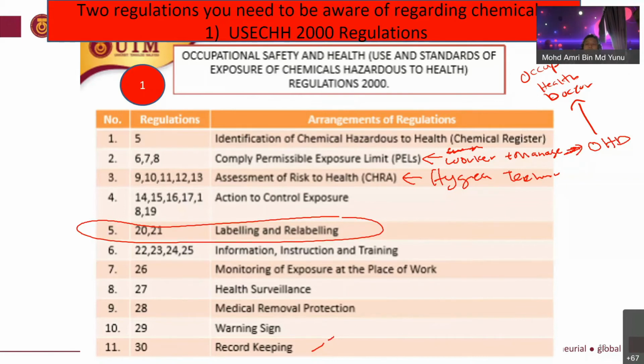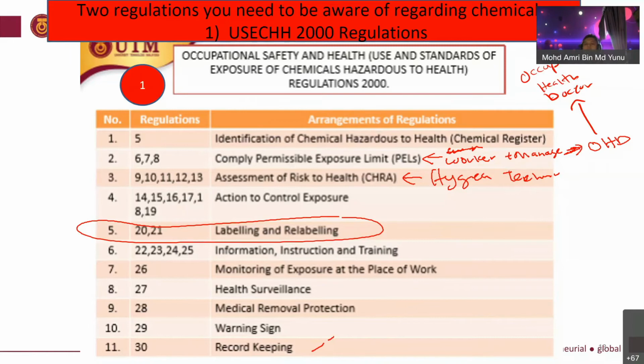Medical surveillance is like checking people who are working. Their duty, if they find out, for example, that this worker has developed leukemia, is to report to the DOSH, Department of Safety and Health, and at the same time they inform the employer.